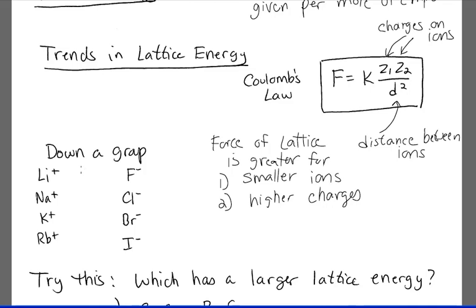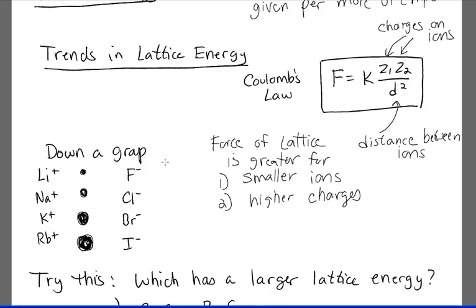And for the trends in size going down a group, if you look at group 1, lithium plus on down, where they're all singly charged cations, the size gets bigger as you go down, for the same reason that neutral atoms get bigger as they go down a group: you're putting the extra electrons in an outer n level.